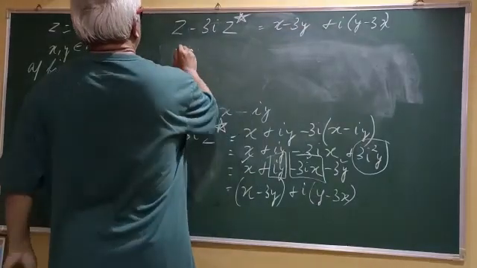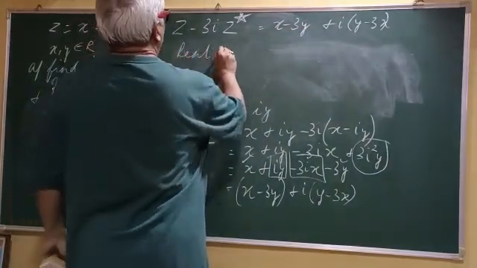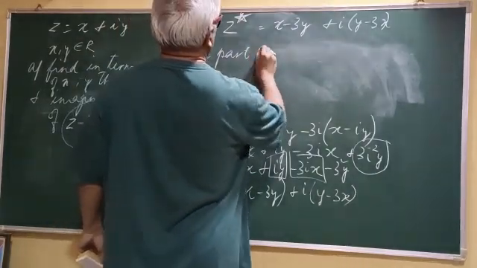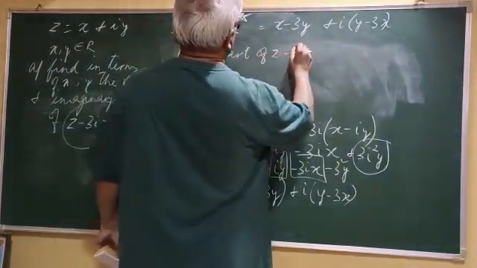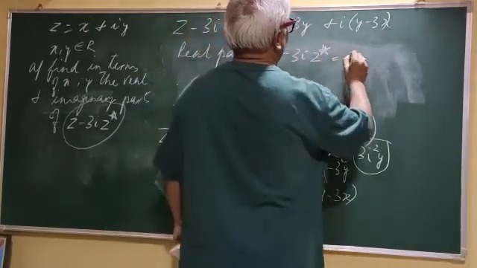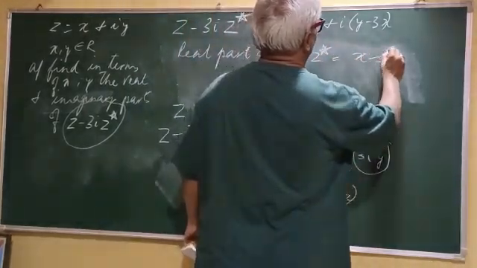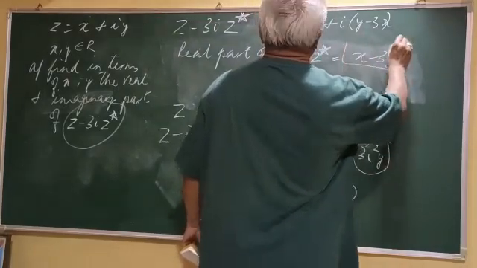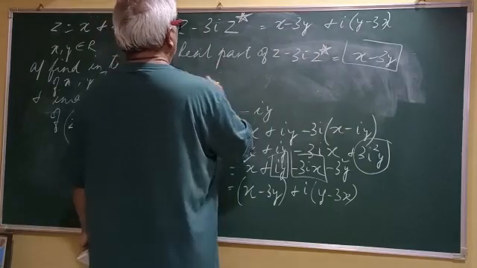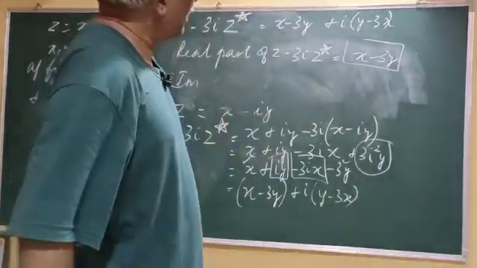So you will see that the real part of z minus 3i z star is x minus 3y, and for the imaginary part, I will write Im for imaginary.